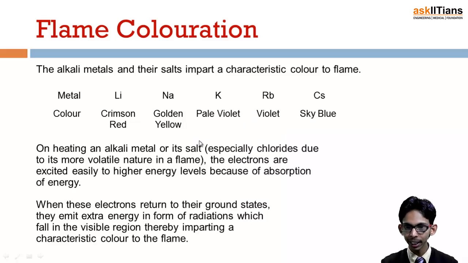On heating alkali metals or their salts, the electrons present in the metal or ions are excited to a higher energy level because they absorb some energy due to heat.